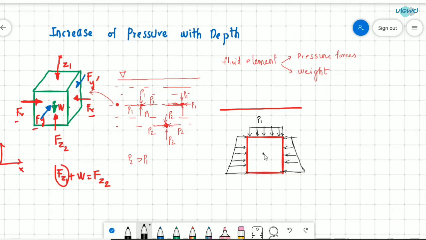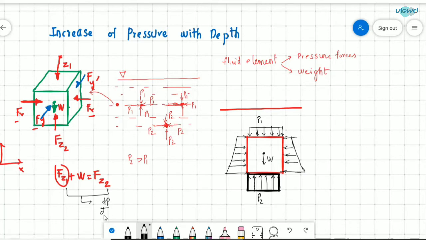And due to this weight acting downwards, the resultant increase in pressure from downwards should compensate the weight of the fluid, so there will be P2. This is P2. If you want the derivation of this equation, you can refer to the SK Songbook. I am not drawing it.